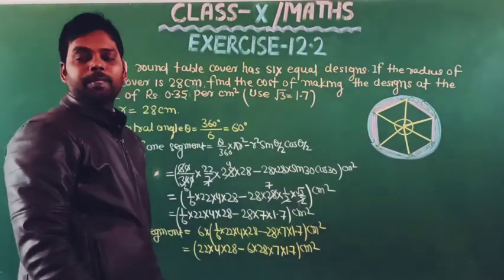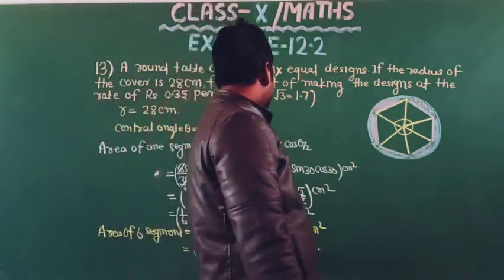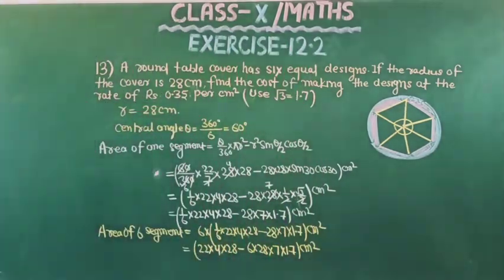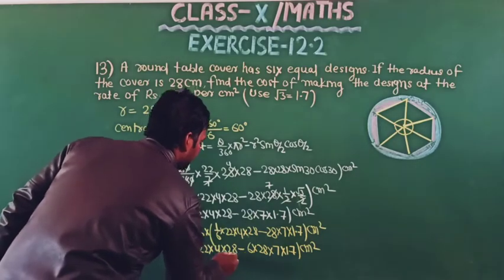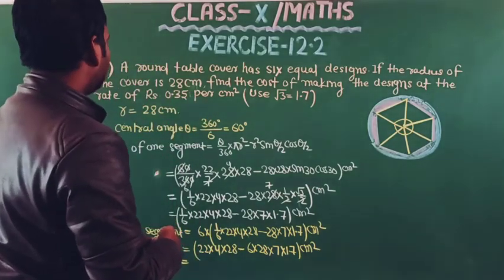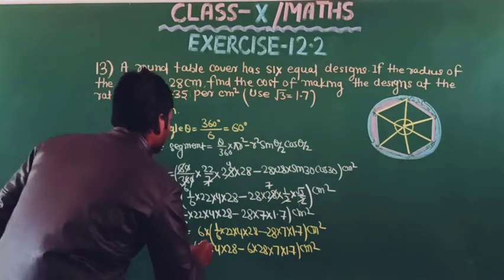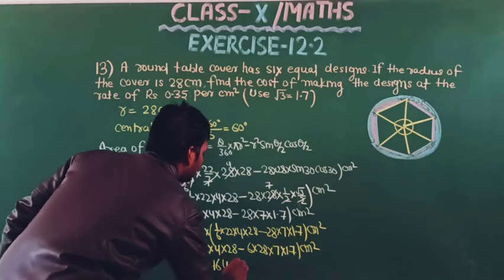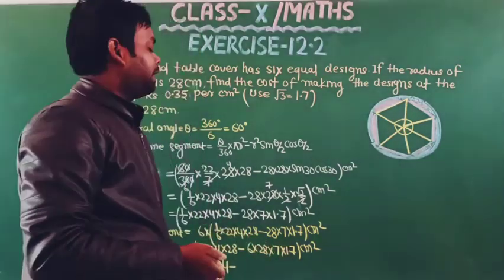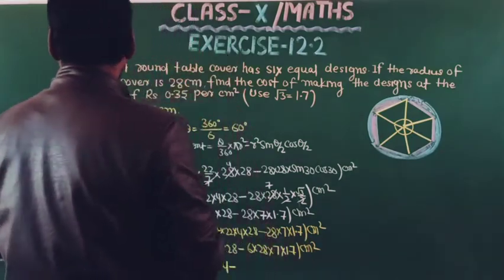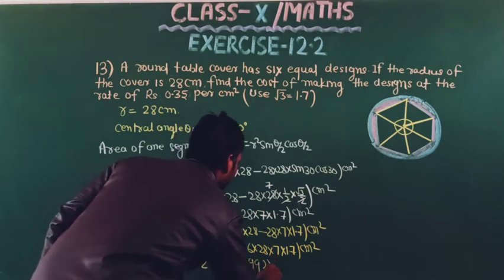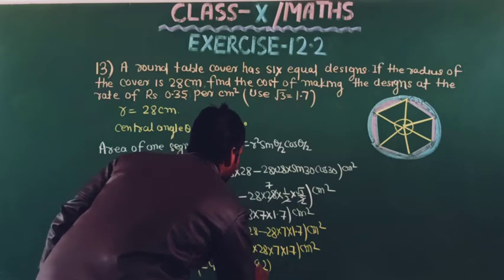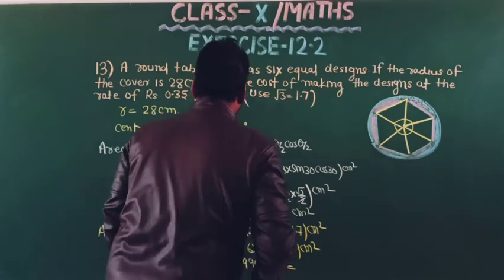Then 22 into 4 into 28 gives 2464, minus the product of 6 into 28 into 7 into 1.7, which gives 199.2 centimeter square.